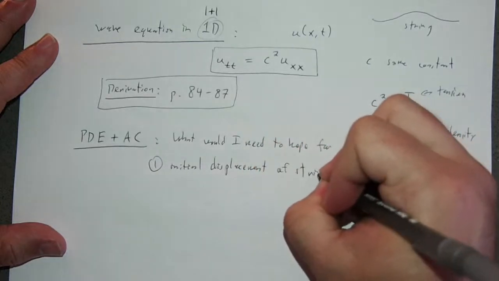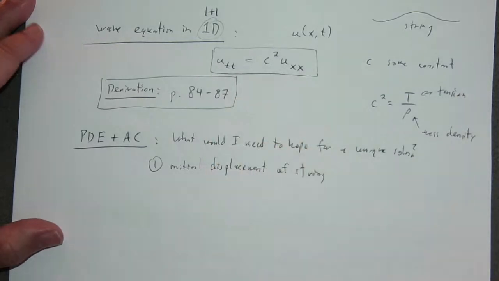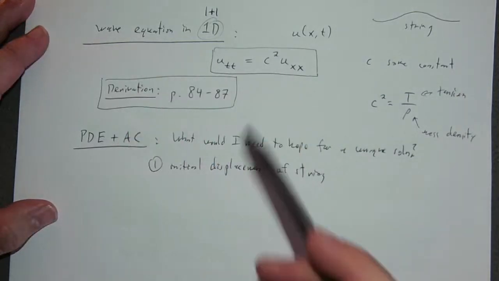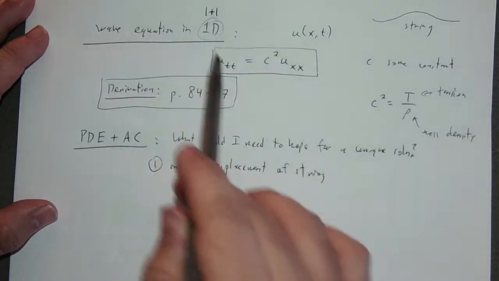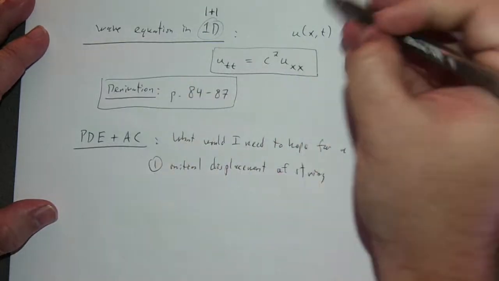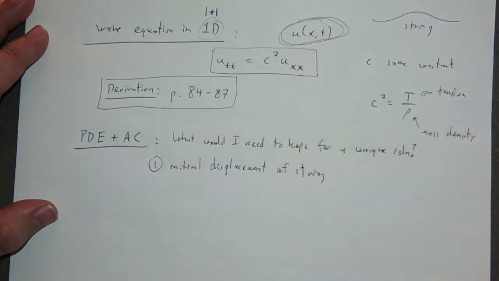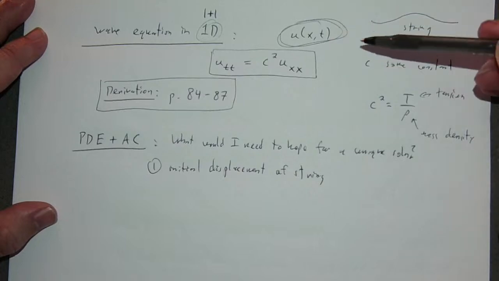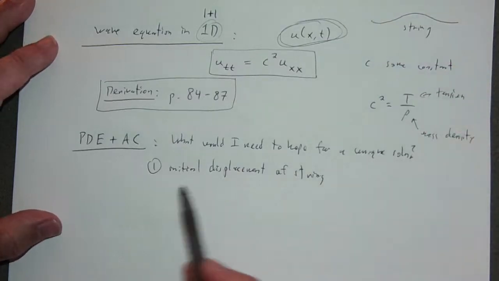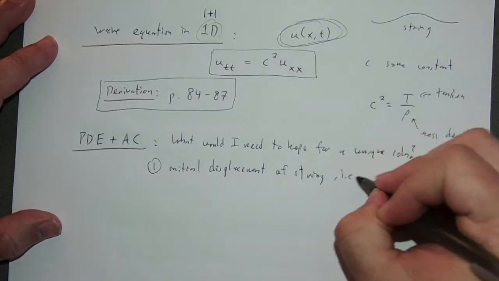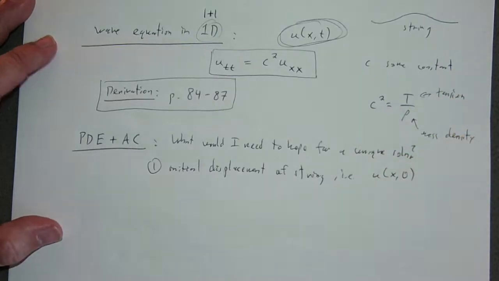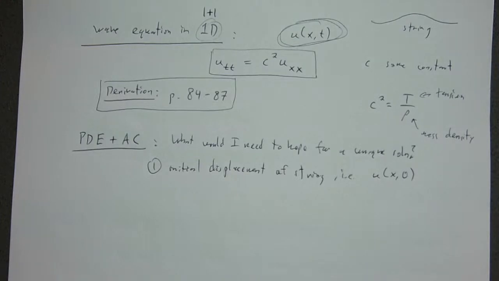You may have guessed, in this formulation of the wave equation, since I mentioned Newton's second law, what is happening here. This u is telling me about position. This is measuring displacement. So the initial displacement of the string is an initial value of the solution itself.